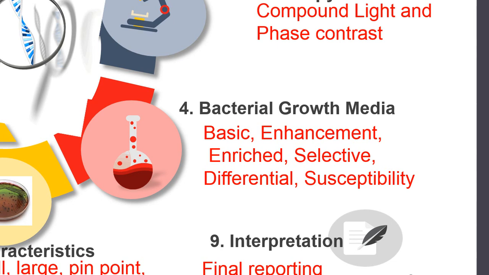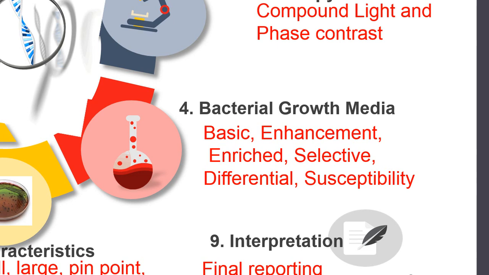So basically they will support the growth of the pathogenic bacteria. Then we have enriched media. Enriched media are basically for the growth of fastidious organisms. They have some special or fussy requirements, so we have to add those special nutrients to that particular media so it can help to grow these bacteria.